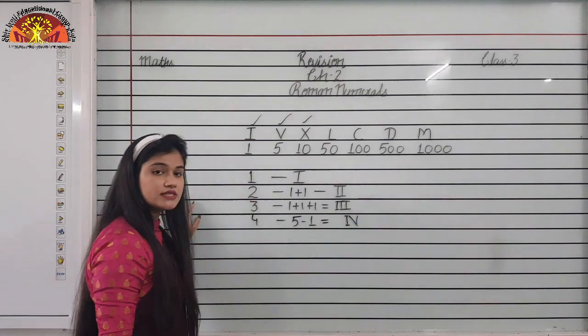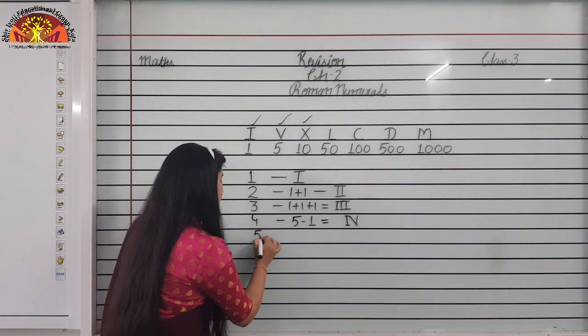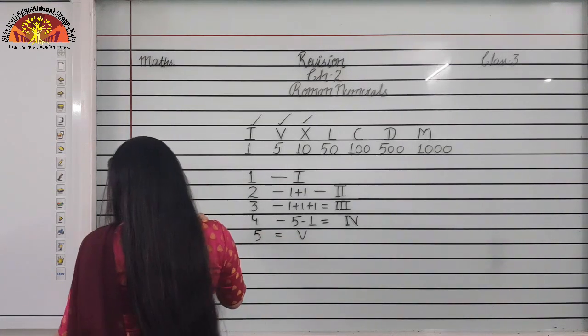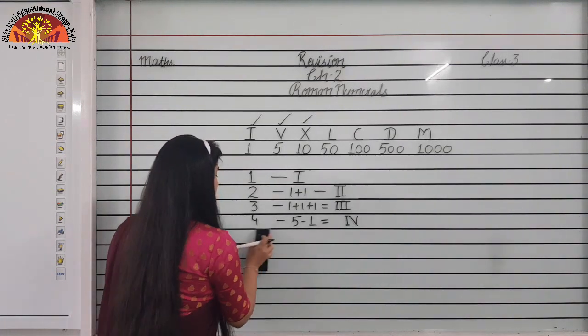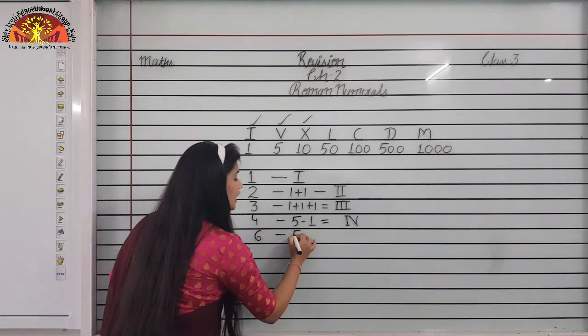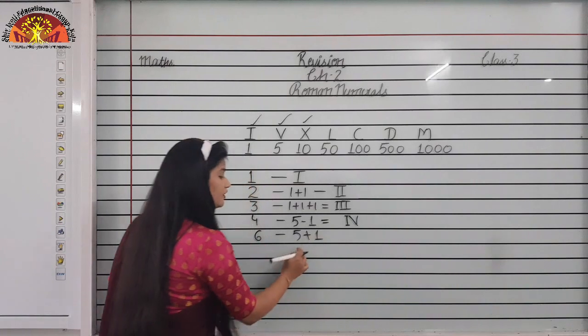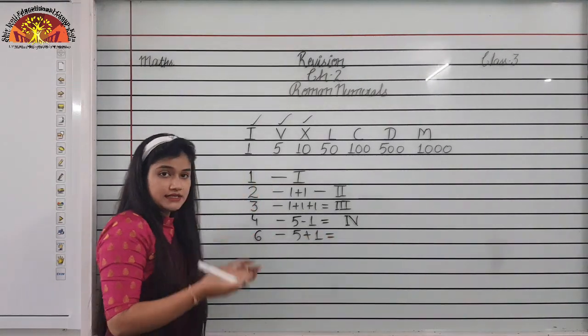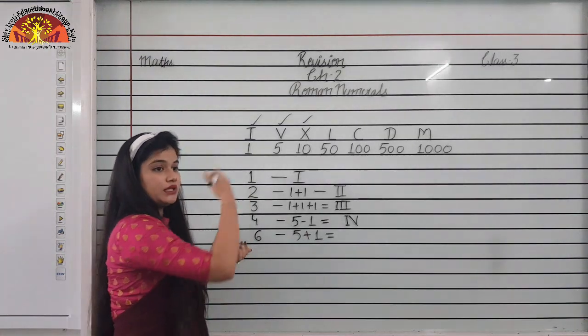Is it clear students? Now suppose I have to write 5. Very simple. 5 means V. Suppose we are writing 6. Now we have to write 6. To write 6 we have to do 5 plus 1. 5 plus 1 will be 6. Now as I have told you, if you are adding something, you have to put the symbol this side.